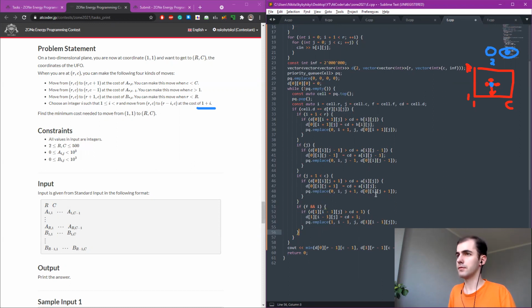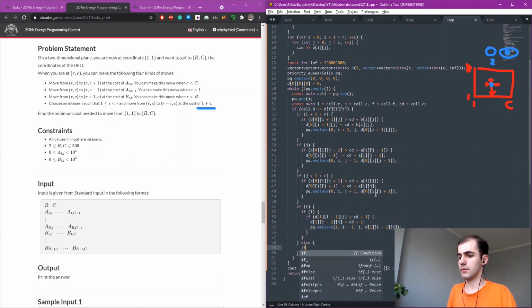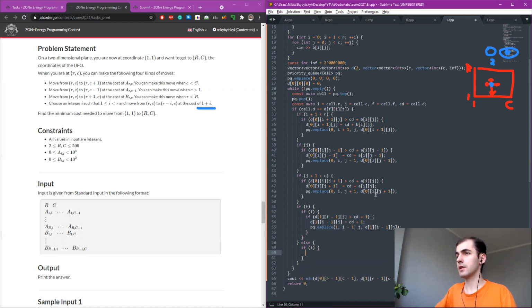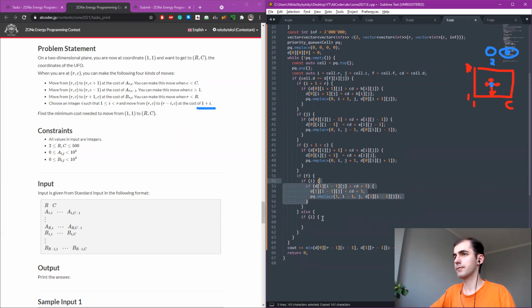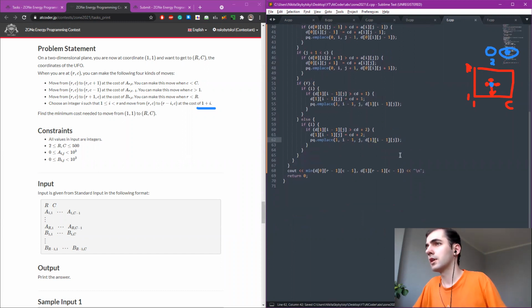And here, no, I actually should add it here. Yes or no? No, it doesn't matter. If i, then the cost of moving here is 2, fortunately.